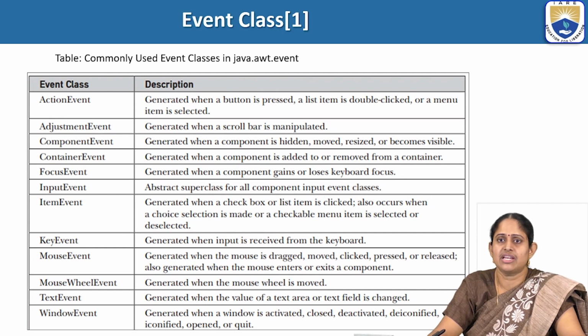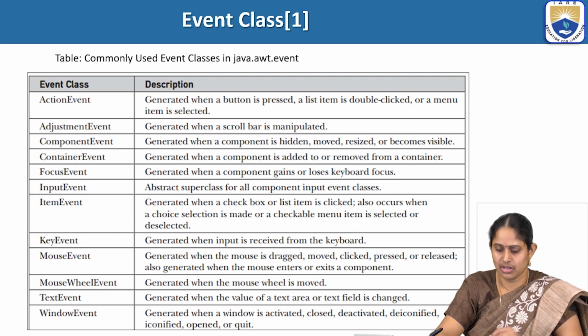Mouse wheel event is generated when the mouse wheel is moved. Text event is generated when the value of a text area or text field is changed. And window event is generated when the window is activated, closed, deactivated, de-iconified, iconified, opened, or quit.